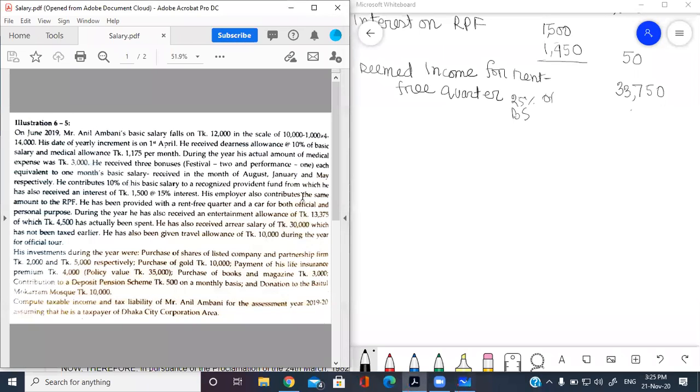But we are right now assuming a private employee, so we need to check for what purposes the car has been provided. The purpose is important because based on the purpose, the tax treatment will be different. For example, if it is given only for official purpose, no taxable income would be required to calculate here.